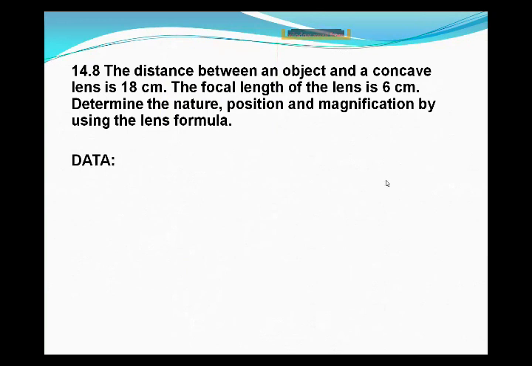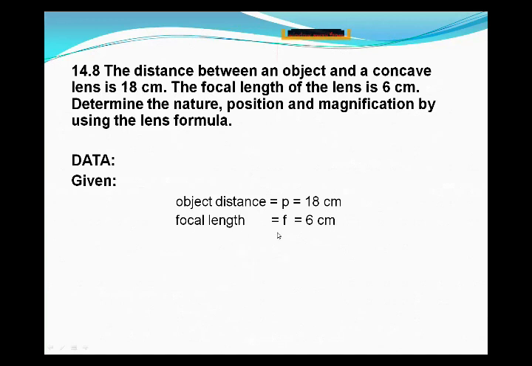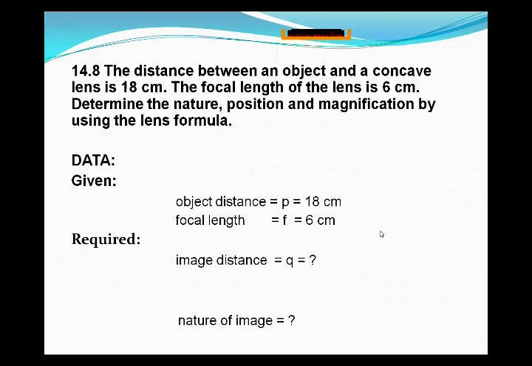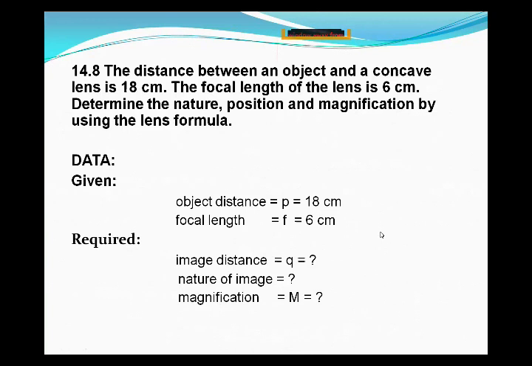So in given, object distance is equal to P, that is equal to 18 centimeter. Focal length is equal to F, that is equal to 6 centimeter. And in required, first we have to find the image distance Q. Second is the nature of the image. And the third is the magnification M.